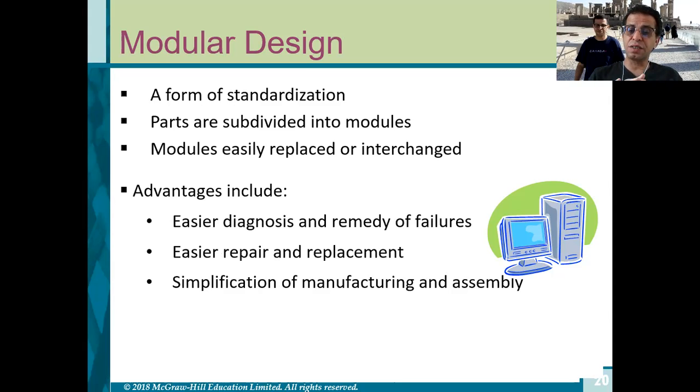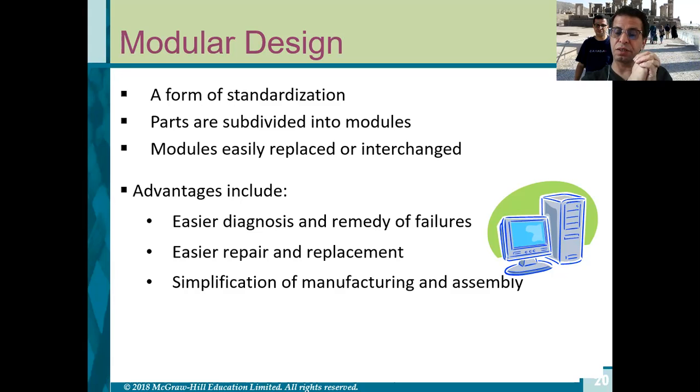The advantages include easier diagnosis and remedy of failure. So it's easy to find out where the failure is happening and how you can fix it, with easier repair and replacement. If the RAM doesn't match the processor, then you probably need to adjust it.